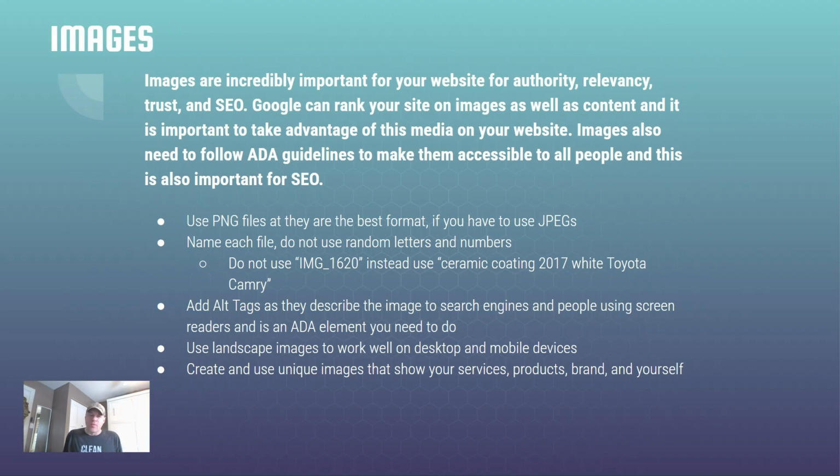And images are also important because they are able to be optimized. So you want to make sure that every image is using a name, and preferably in a PNG file or a JPEG. And then when you name the image, you don't want to just use some random IMG 1620 like an iPhone would spit out. You want to rename that when you save it to your website or even to your computer, like ceramic coating 2017 white Toyota Camry.